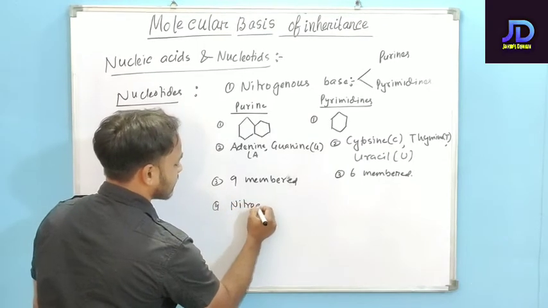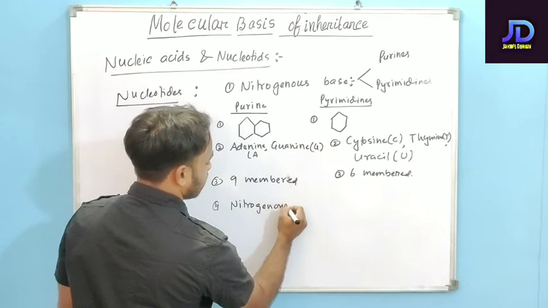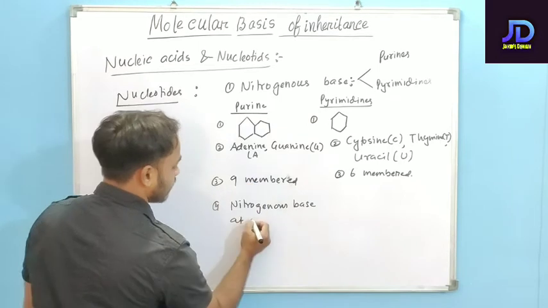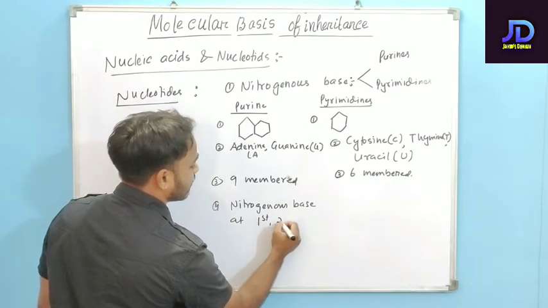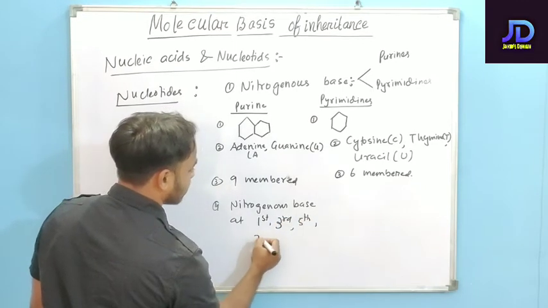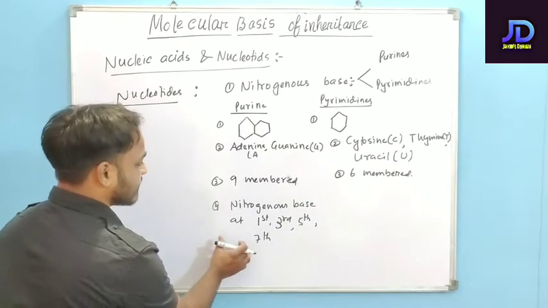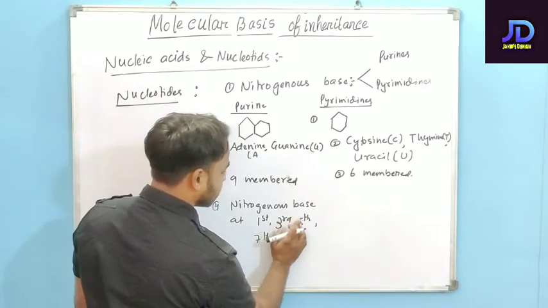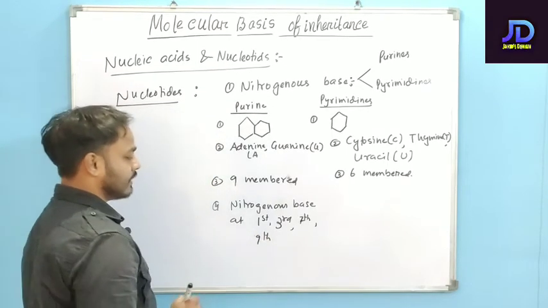Nitrogenous base can be found at what? At position number 1 first, at position number 3rd, then 5th and 7th. Sorry, there is a mistake here because nitrogenous base can be found at 1st, 3rd, 7th and 9th position, right?